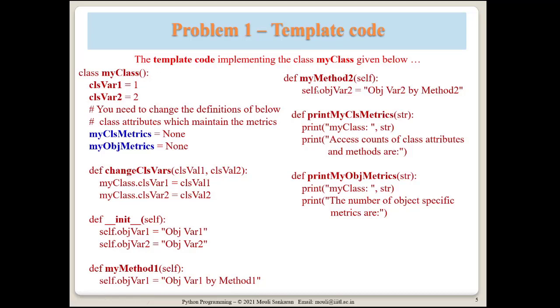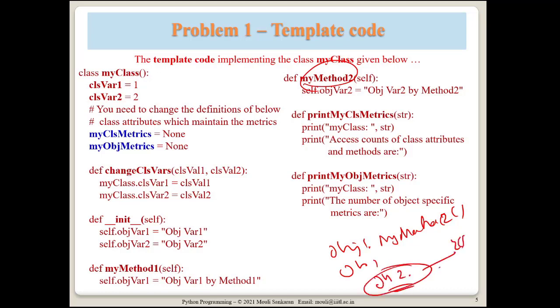So if I am calling my method 1 with object 1 twice, whereas with object 2 I am calling method 2 only once, then the matrix maintained at this level should say that object var 2 was accessed only once, whereas this has been accessed twice. So you need to maintain your object metrics at the object level.